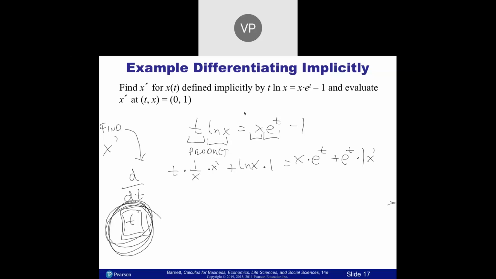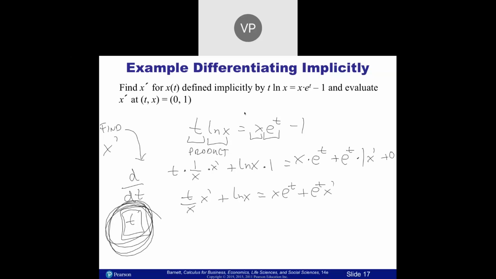And of course, at the end, there's a -1, whose derivative is going to be a 0. So as I clean things up, I get a t over x, x prime. I get a natural log of x. Over here, I get an x e^t plus e^t x prime. I guess we could say that.